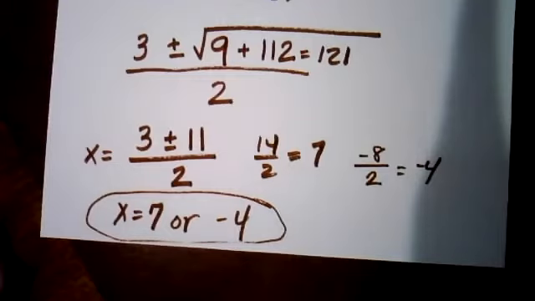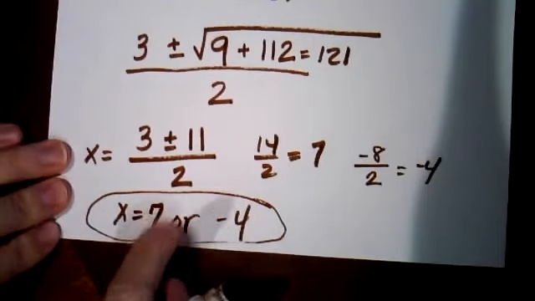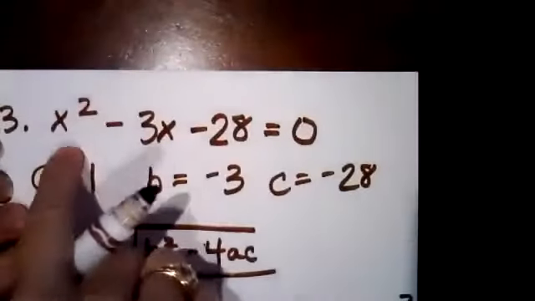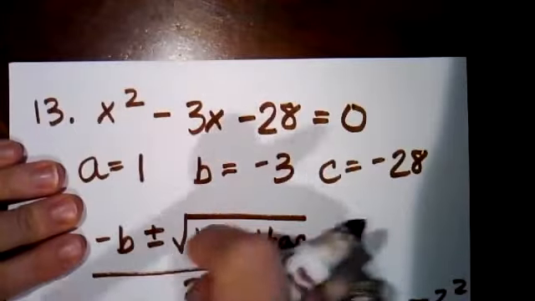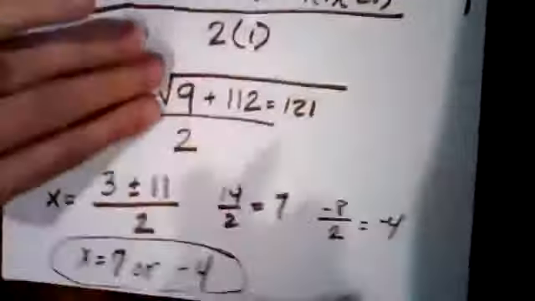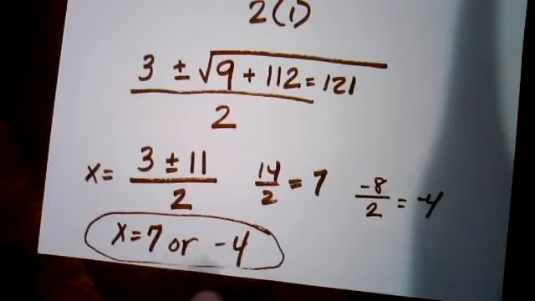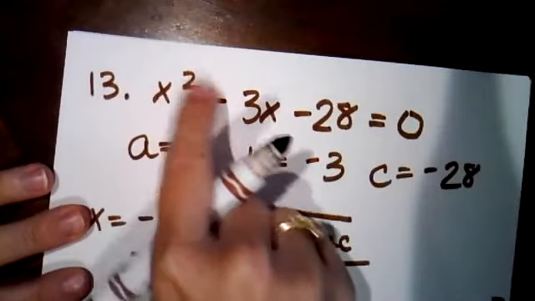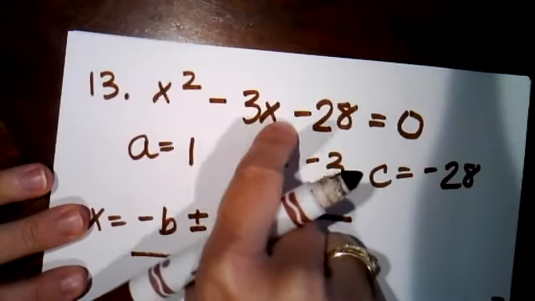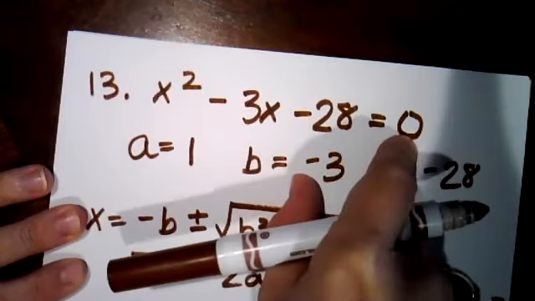Now, just to check for extraneous solutions, you would plug those back into your original equation and see if they work. If one of them doesn't work, don't include it in the answer. On this particular one, I'm just going to tell you right now, they both work. But if you were checking, you would do 7 squared, 49, minus 3 times 7, which is 21, and then minus 28, and it would end up being 0.